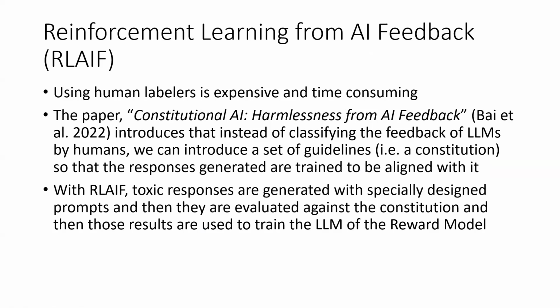If it is, it would be trained in the positive way. Otherwise, if the generated content is not according to the constitution, the reward model would be trained in a negative way, so that these types of responses are not generated.